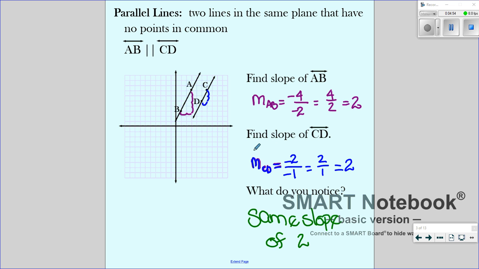So we just proved that these two lines are parallel. With that being said, if you have the same slope for 2 lines or 3 lines or 4 lines, that means that they are parallel. So same slope, parallel lines.